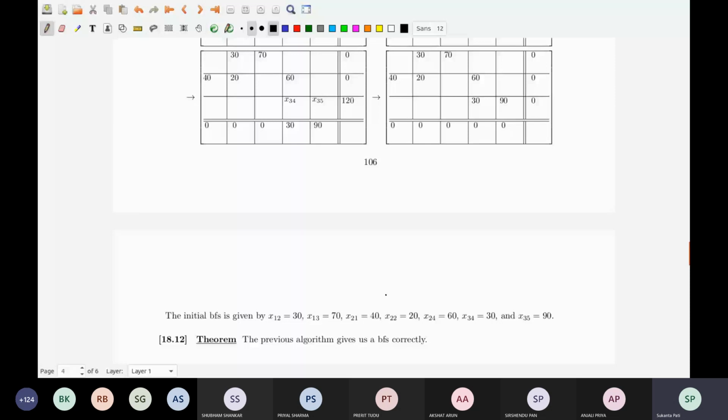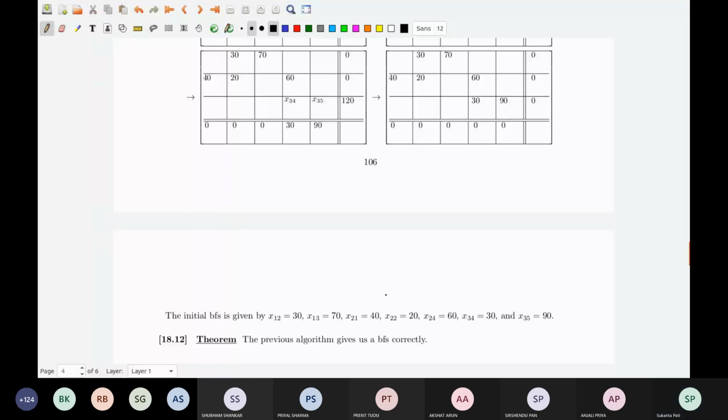And the next variable was selected outside, not from the strike line. So this ensures that the set of variables that you are selecting are linearly independent because of the strikeout procedure.